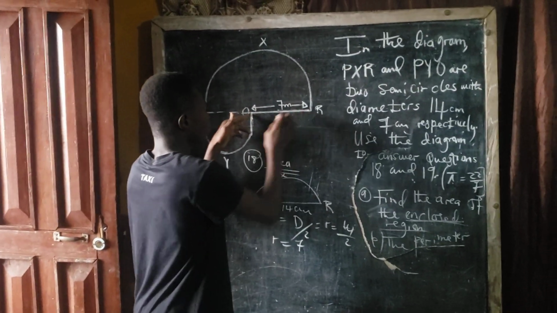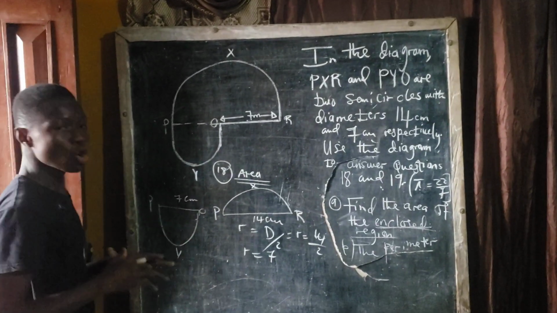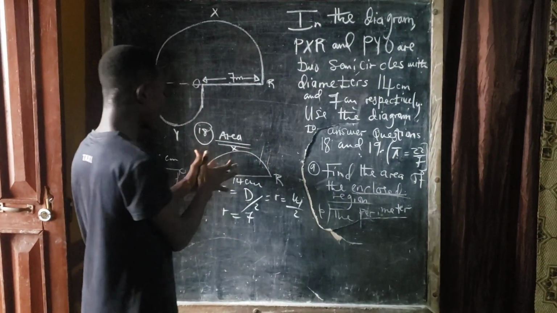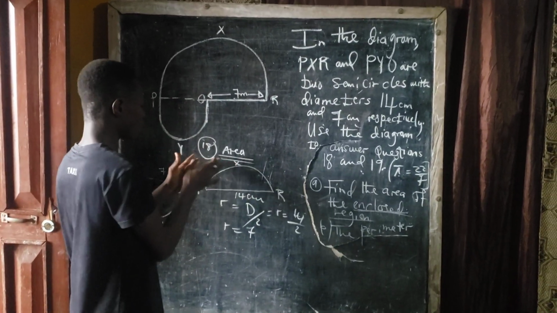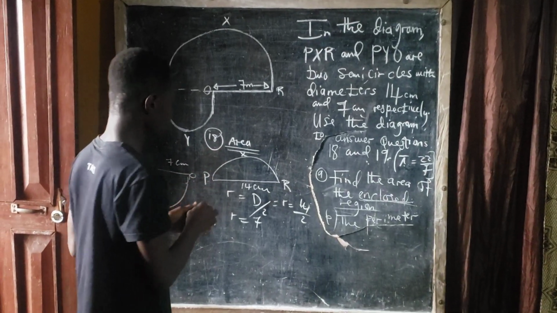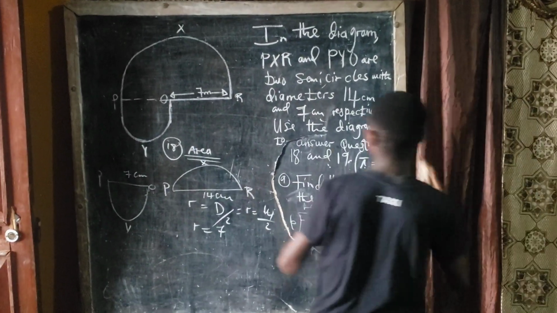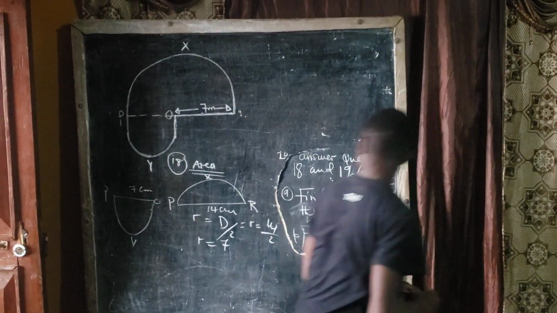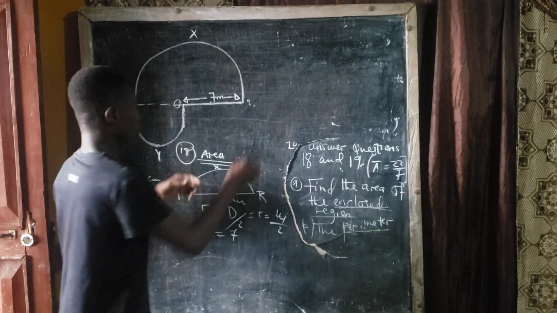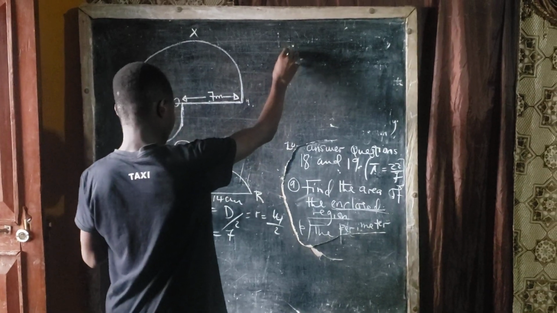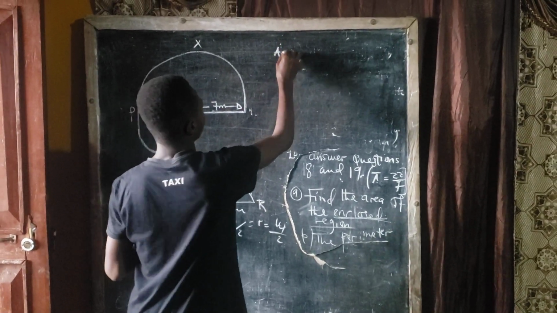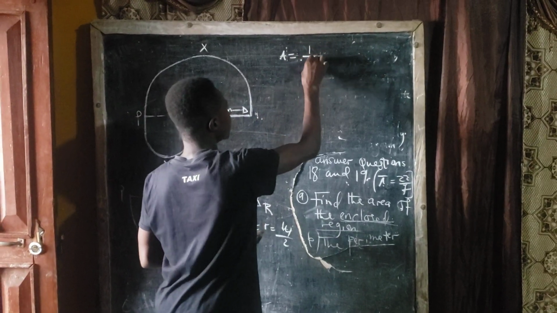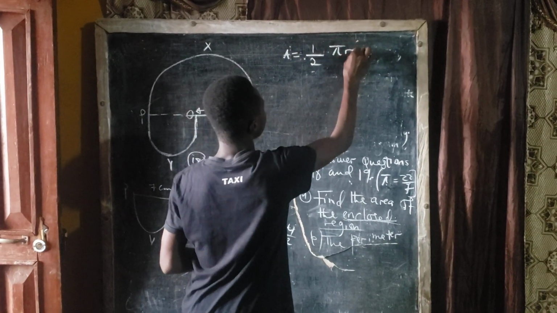From here to here is 7 cm, so the radius is 7. Now let's find the area of this first semicircle. The area of a semicircle is half pi r squared.